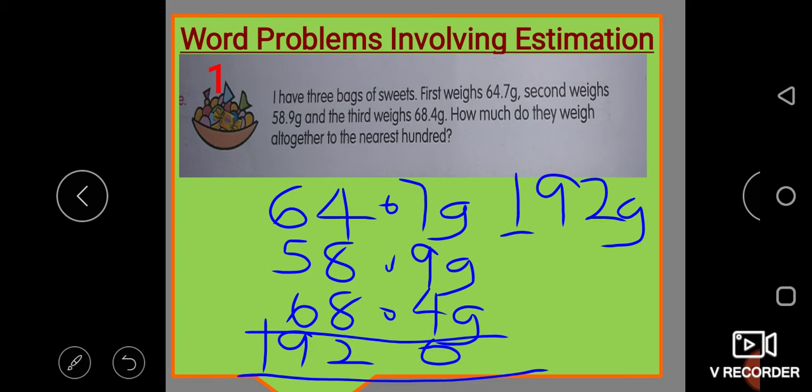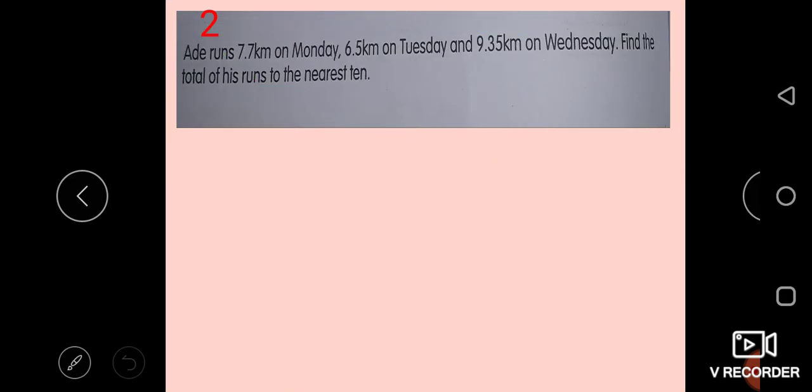Oh yes, 9 is far above half, so it borrows 1 and adds to 1. 1 becomes 2. Then you replace 9 and 2 with 0. So to the nearest 100, the 3 bags of sweets weigh 200 grams. Have you seen that?